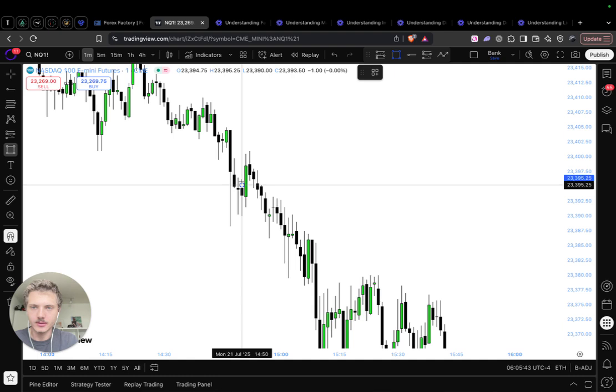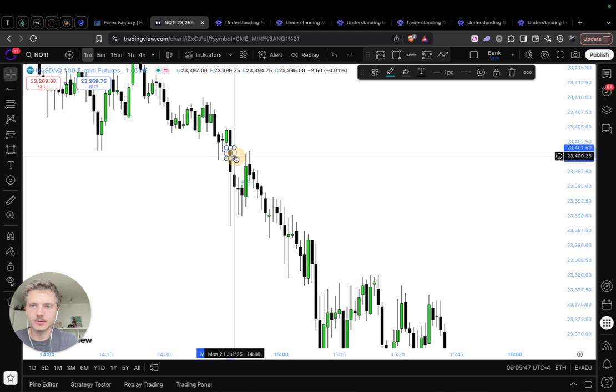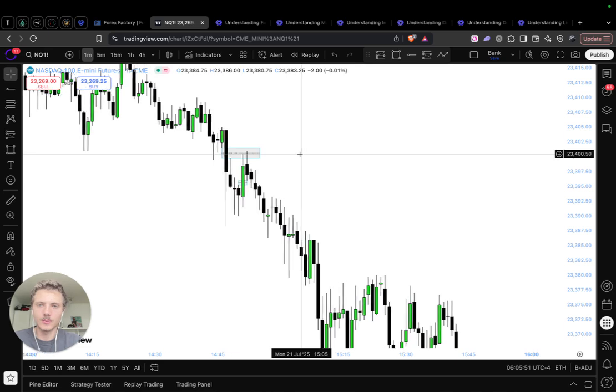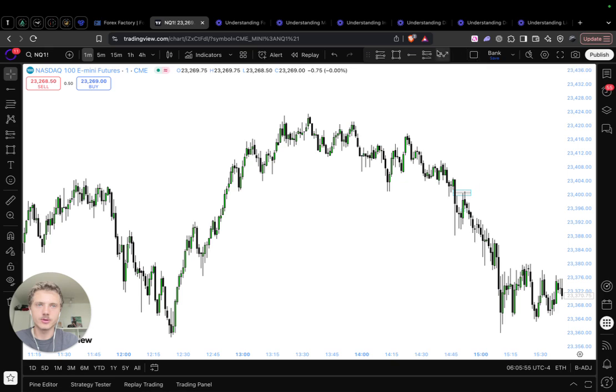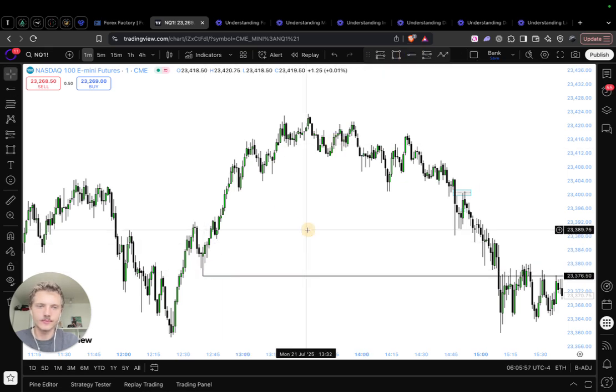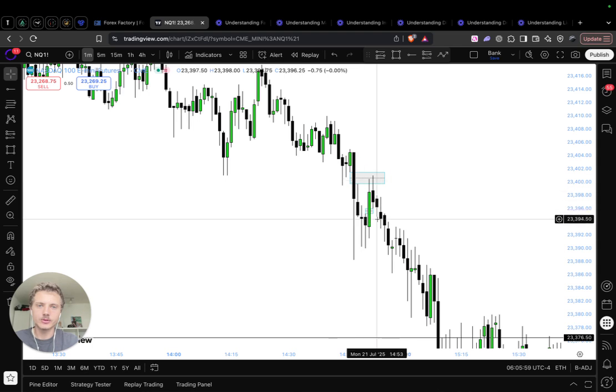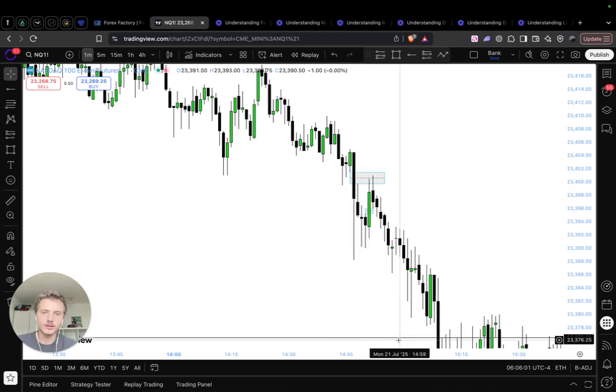So right here we have a fair value gap. We also have a retracement into a condition, right? Disregarding that this is PM session. So we have our condition. Let's say our drawn liquidity is like this low, so we have our drawn liquidity down here.